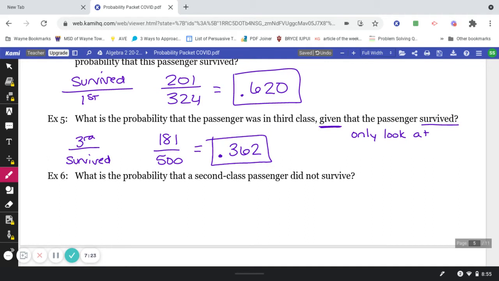Example 6, what is the probability that a second class passenger, so only look at second class, did not survive? So we need the ones that did not survive, but only looking in the second class category.